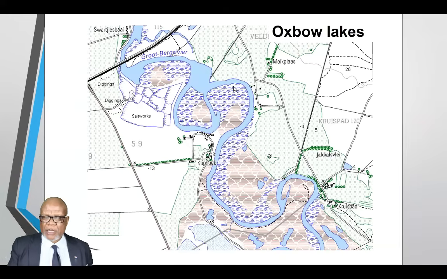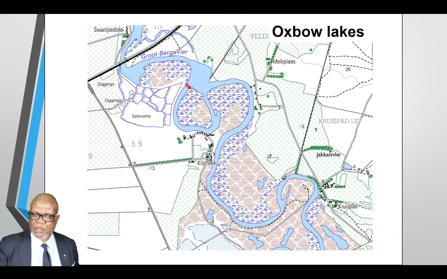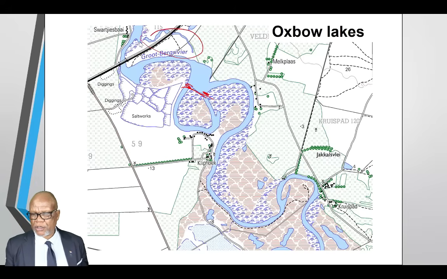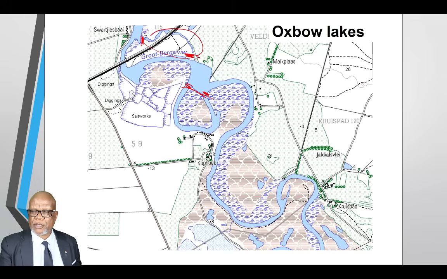There's still joining of the river until there is deposition on this side, and this is on its own. Then it's going to become your Oxbow Lake. Like this one here that is now flowing on its own, you could look at it as the Oxbow Lake, because now this has been completely cut from the main river.